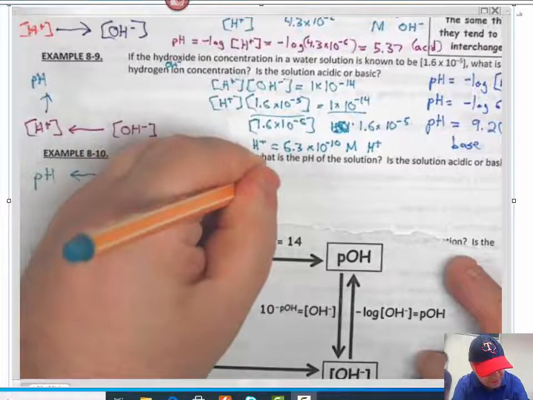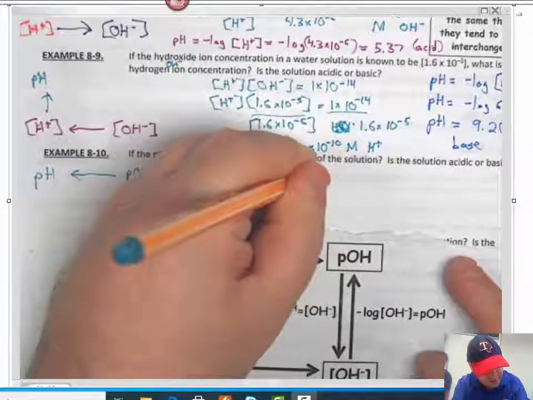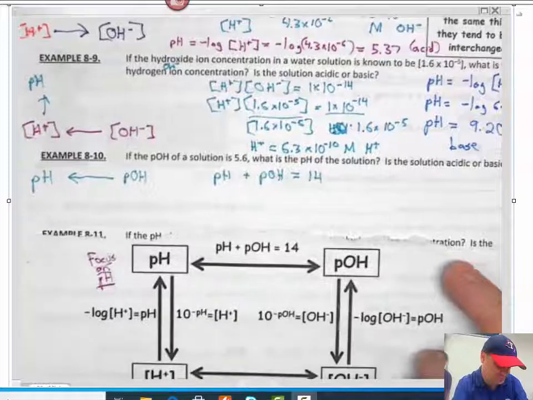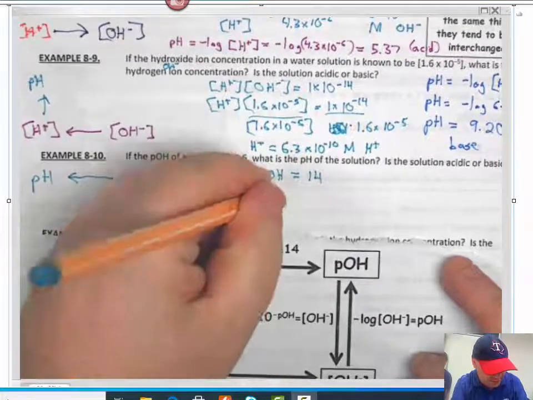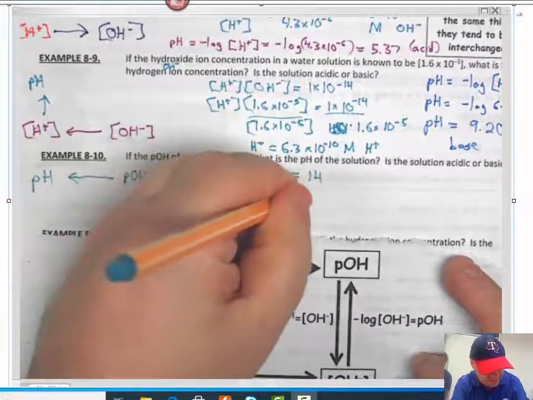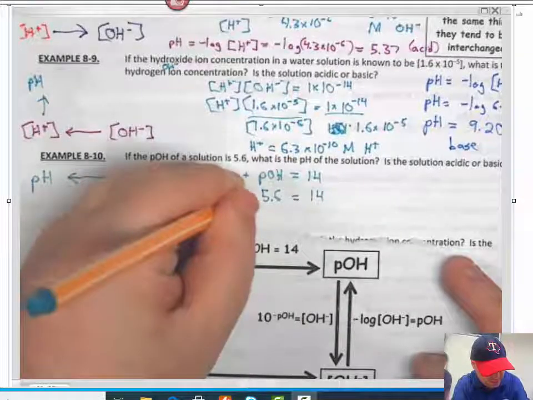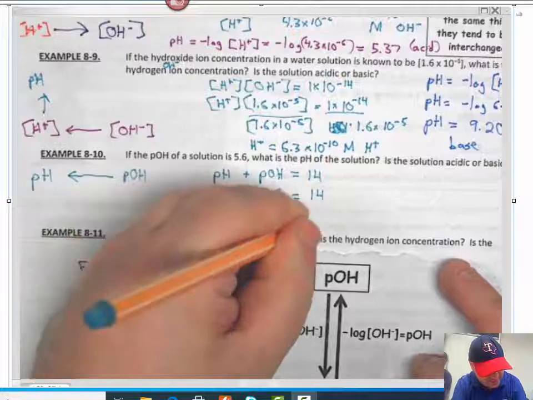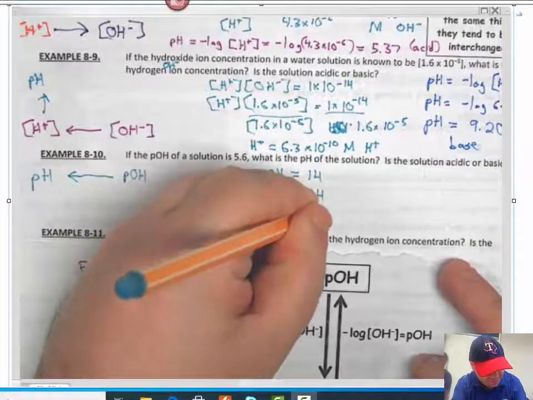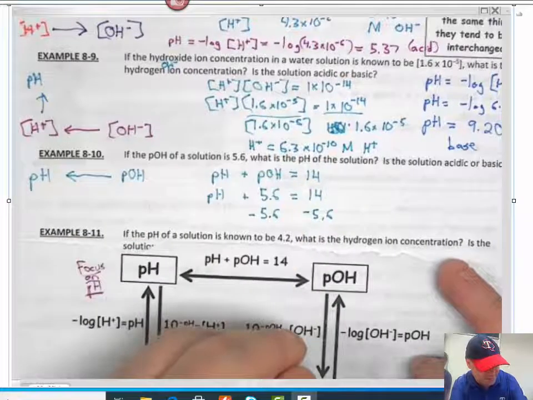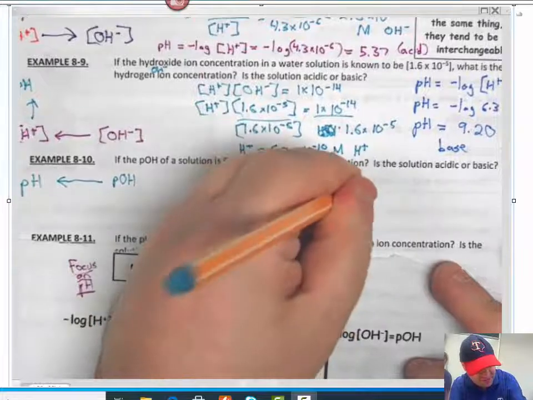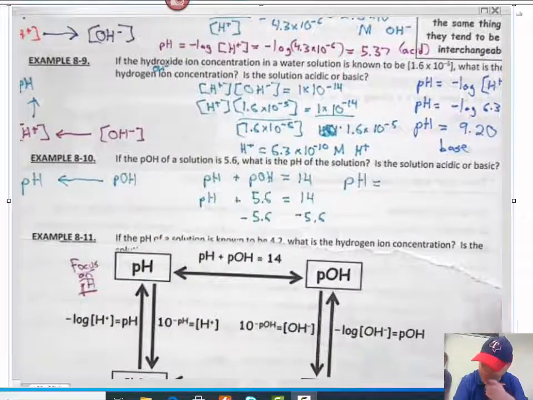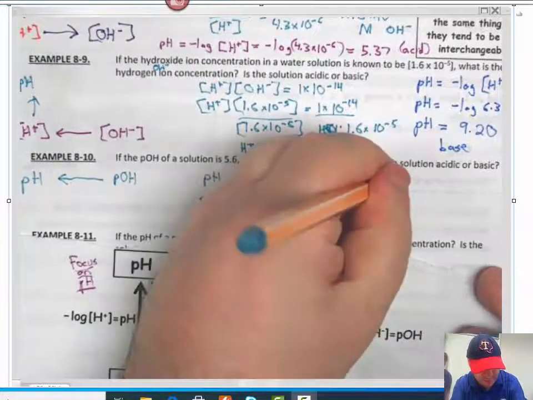pH plus pOH equals 14. The pOH is 5.6. This is 14 minus 5.6, so we subtract 5.6 from both sides. So pH is equal to 8.4.